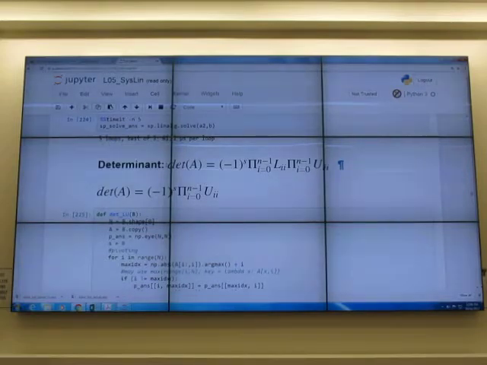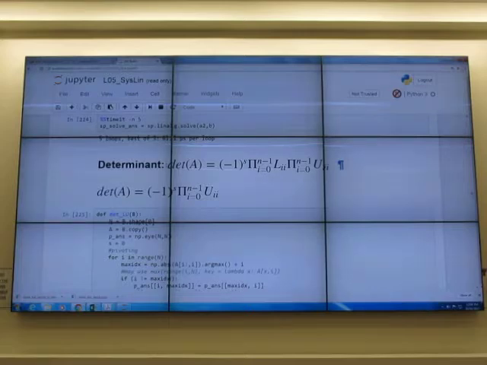Multiplication of the diagonal term of lower triangular matrix equal to 1. You agree? Okay. Because for matrix L, we put 1 in the diagonal term, right?